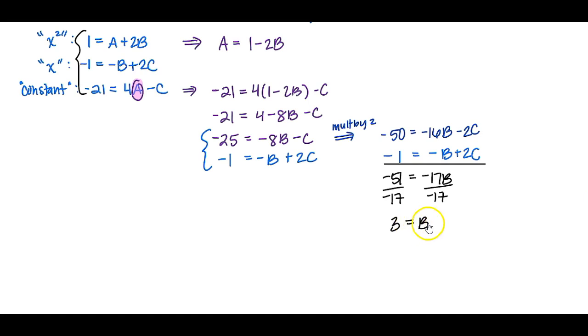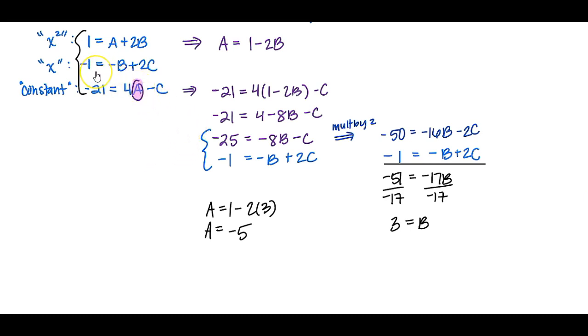And now I can take that value of b being 3 and plug it in to find a, because a was 1 minus 2b. And I can also plug it into this original middle equation to find c. So let's find a first, just because that one looks a little bit easier. So now a is 1 minus 2 times 3. So 1 minus 6. So a is -5.